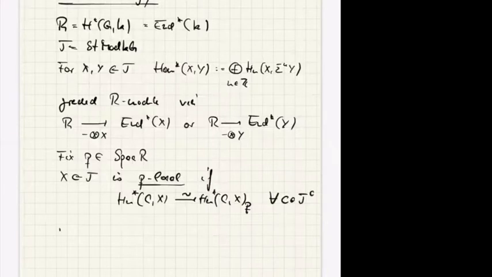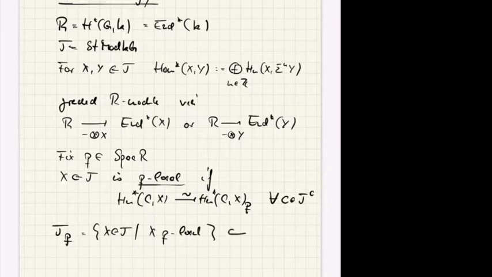Let me denote by T sub p the category of p-local objects. So the p-local objects form a nice triangulated subcategory inside T, and this functor admits a left adjoint. As usual, if one localizes, the left adjoint takes an object X in T to X sub P. Okay, so this was about p-local objects.